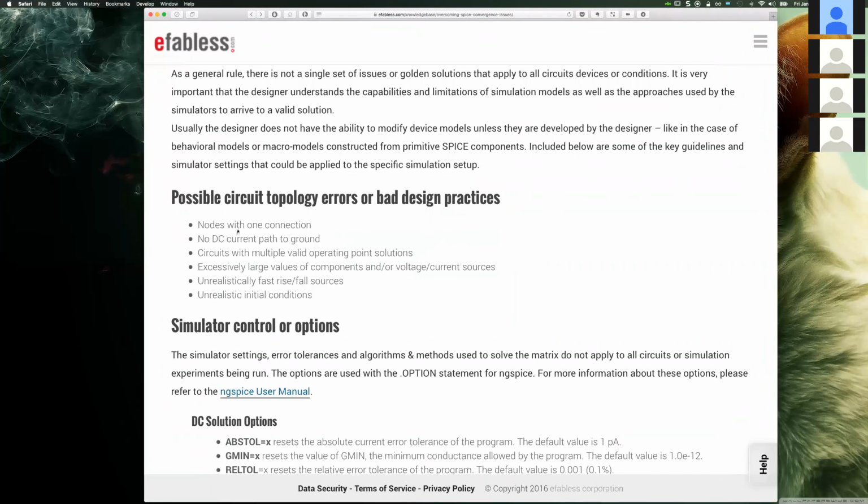I'm listing a few, but there are many, and I didn't want to go into an inventory list of that, but these are a taste of some of the issues that you will see. Most simulators will handle some of these with very explicit errors, like a node having only one connection, or no DC path to ground.